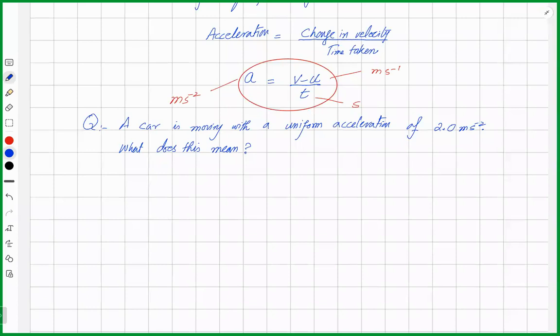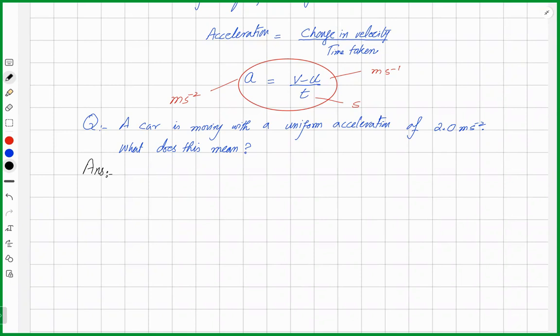This is a statement, and the examiner wants to know, what does this statement actually mean? What is meant by this statement? Answer is, it is completely not telling you how fast an object is going. There is no information whether the car is at rest or it is moving with a speed of 100 meters per second, because no such information is given in this statement.